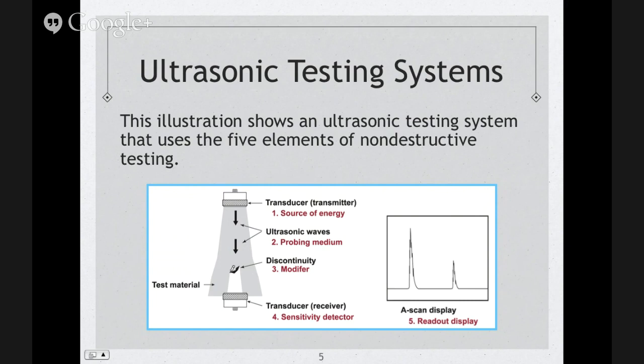Now, if this discontinuity were to go further out, because all the sound would reflect back, we would have no sound hitting our receiver. In that case, what we'll have is the initial pulse, and no back wall indication. Well, this doesn't have the back wall, but no energy would be received by our transducer.